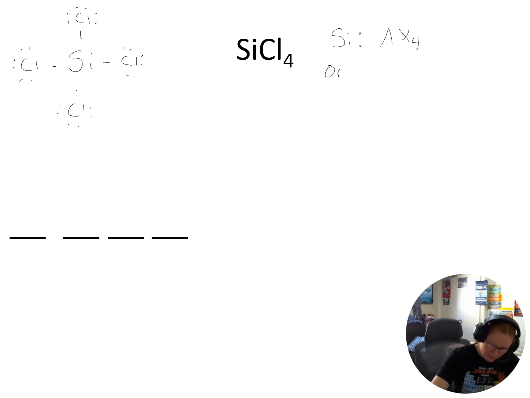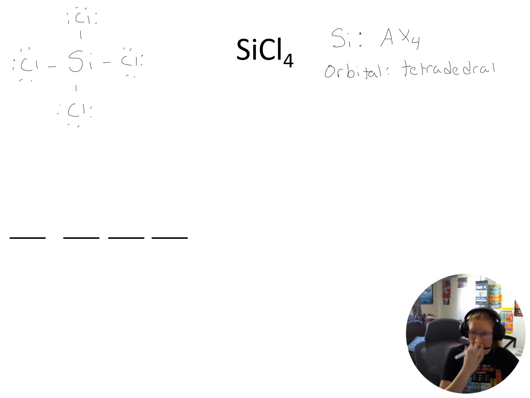So my orbital geometry is tetrahedral. Okay, now we can do our orbital diagram. So I've got my 3s, 3p. Yes, silicon would indeed have 3d orbitals existing, but because we don't need them for the hybridization, I didn't put them in here because we don't need to show them when we look at hybridization if we're not utilizing them.